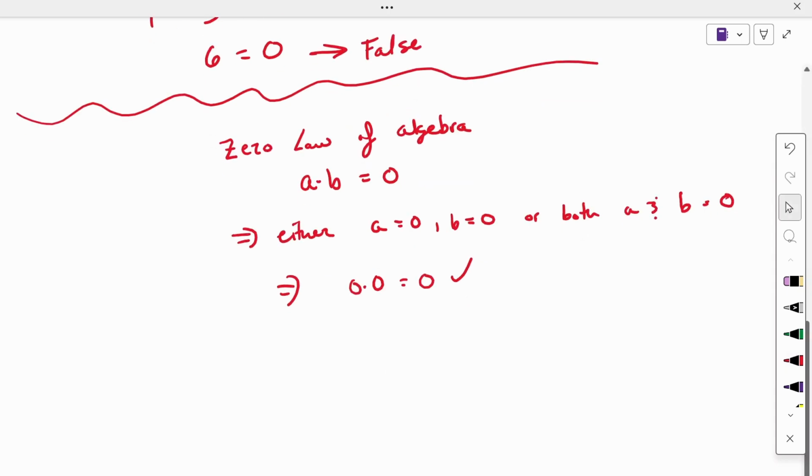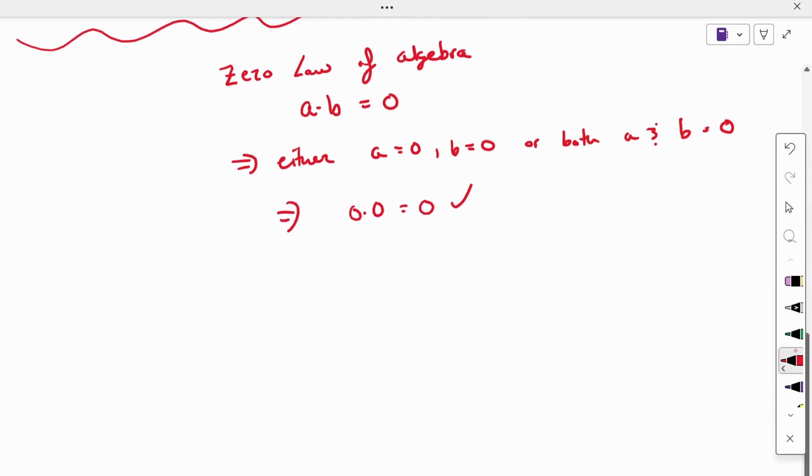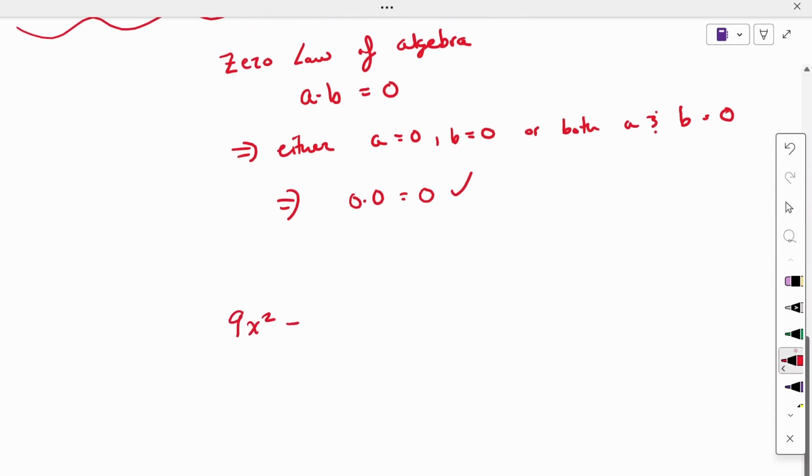Now, where this is going to be used is if you have an equation such as 9x squared plus 3x equal to 0, and you are able to factor this expression, say by using the GCF technique.